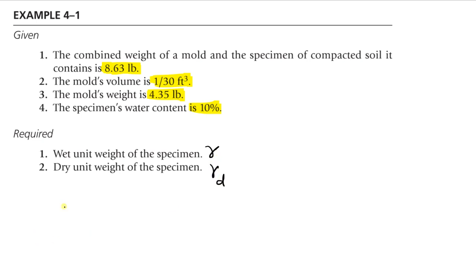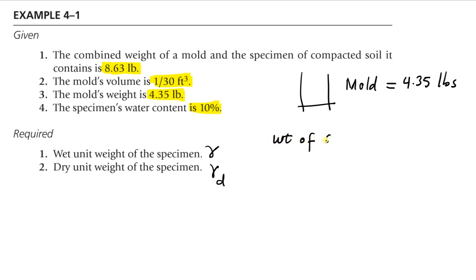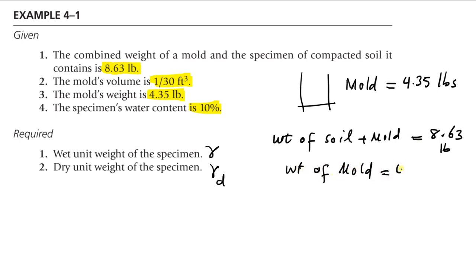Now this question is very simple. Remember, we have the mold, and this mold is 4.35 pounds. Now I can say that the weight of soil plus mold is 8.63 pounds, and the weight of mold is 4.35.